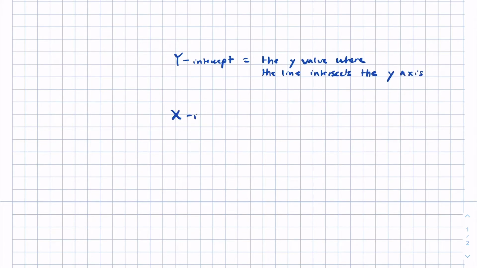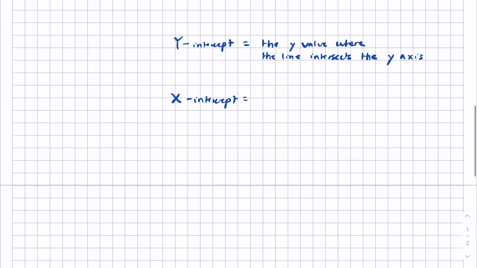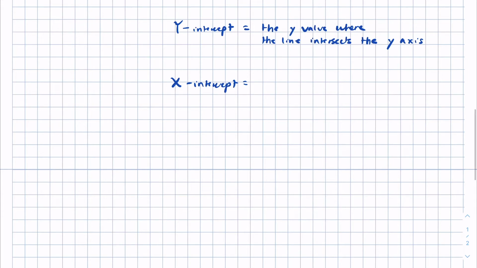The x-intercept is the x value where the line intersects the x-axis.